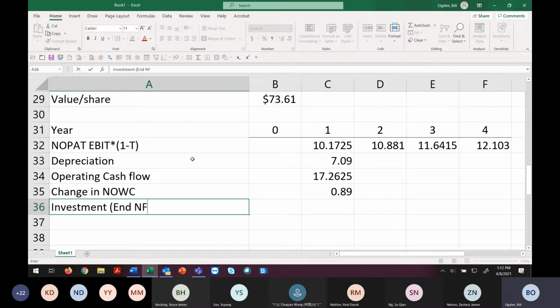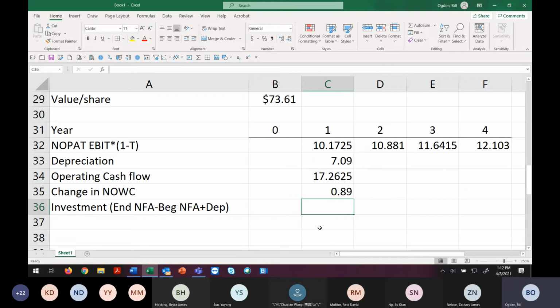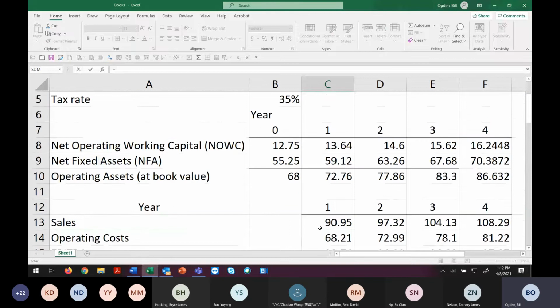Ending net fixed assets minus beginning net fixed assets, plus depreciation. Okay, so let's do that. So our investment equals the change in net fixed, and add back the depreciation.